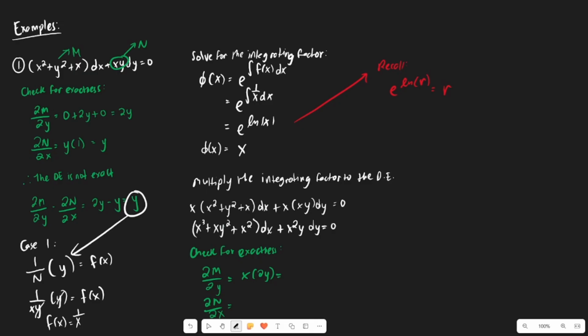So we are left with 2xy. Now for the partial of N with respect to x, we take out the y, then get the derivative of x squared with respect to x. So that is 2x. So we are left with 2xy.